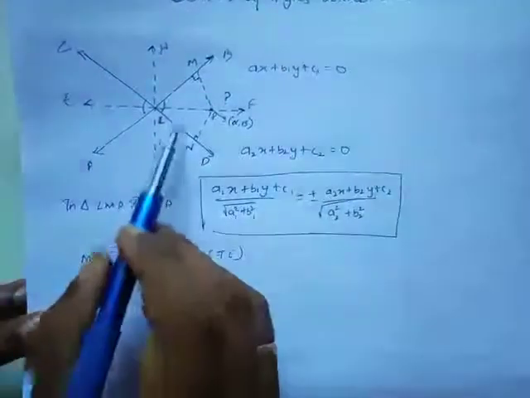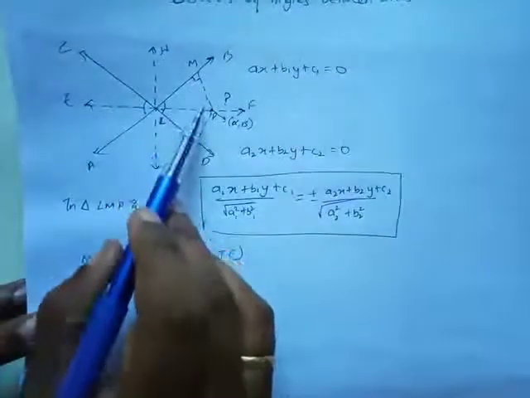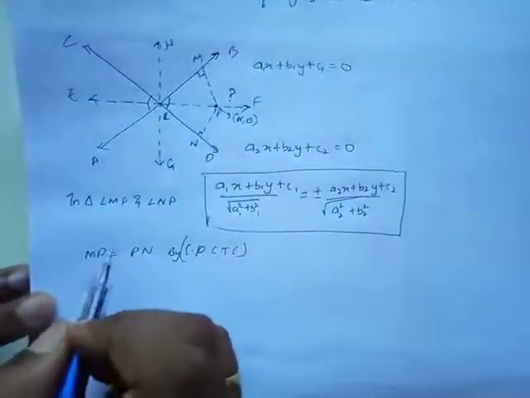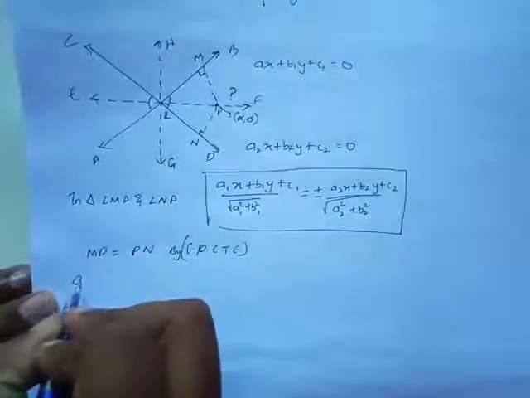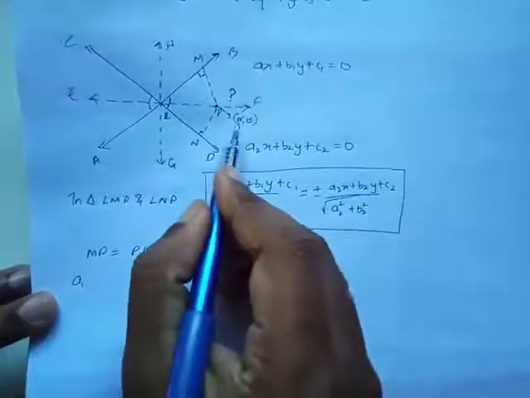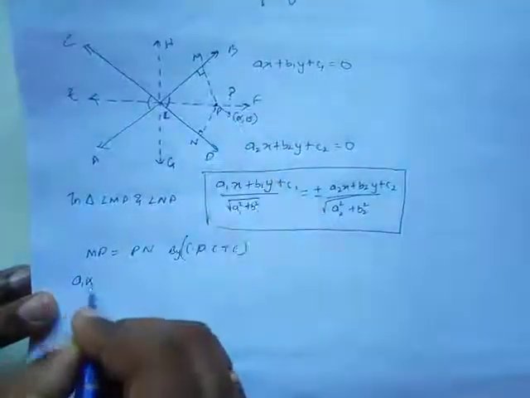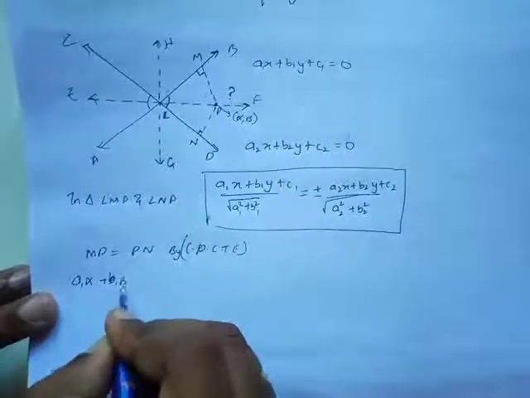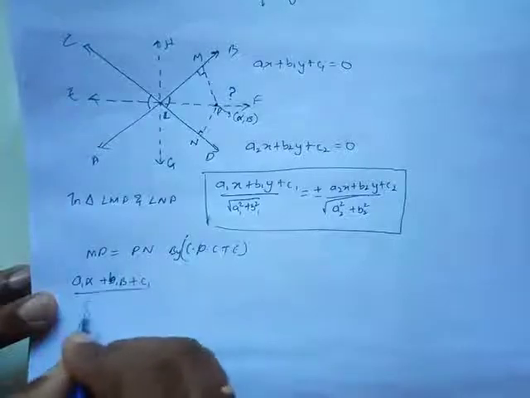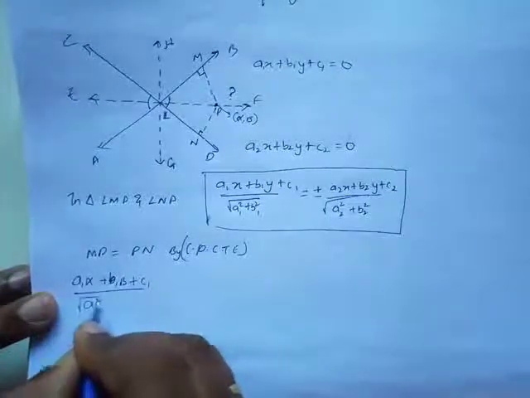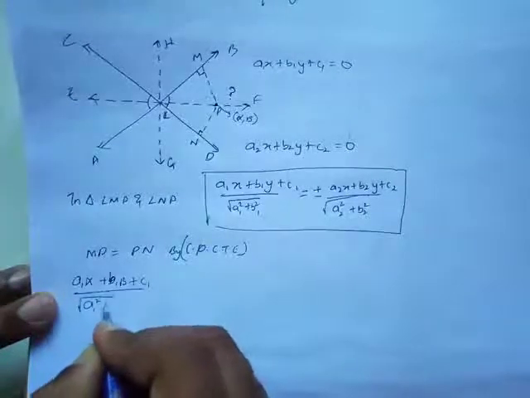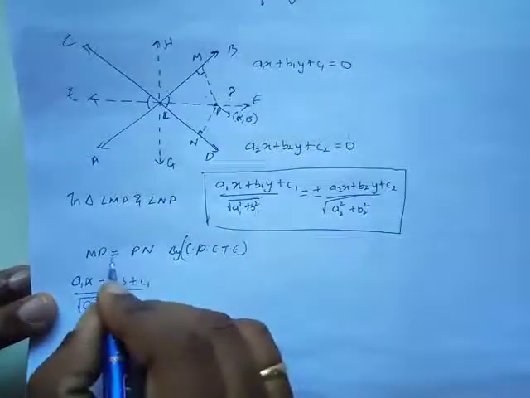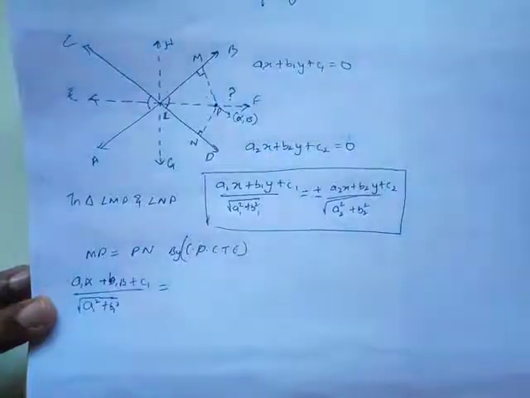In the previous exercise we learned how to find the distance when a point is given with a line. So how to find the distance? We need A1 alpha plus B1 beta plus C1 over the square root of A1 square plus B1 square. This is the formula that came up. In between there is an equal sign, so I'm going to put an equal sign over here.